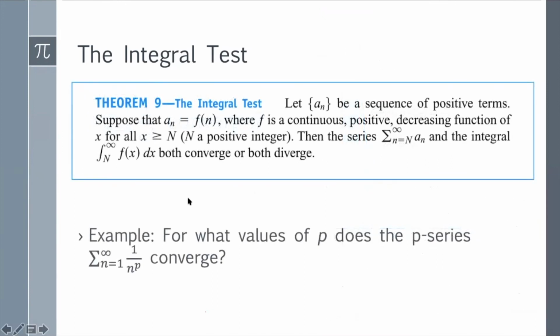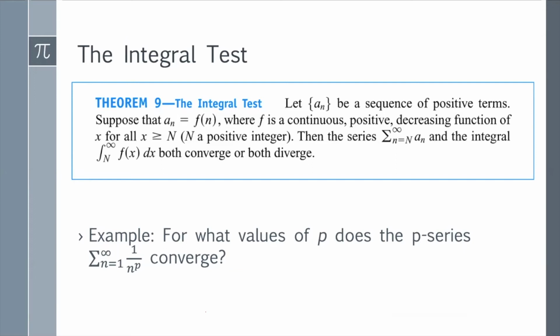The integral test says that if a sub n is a sequence of positive terms and a sub n is equal to f of n, where f is a continuous positive decreasing function of x for all x greater than or equal to some positive integer capital N, then what you can conclude is that the series n equals capital N to infinity of a sub n, and the integral from capital N to infinity of f of x dx either both converge or both diverge.